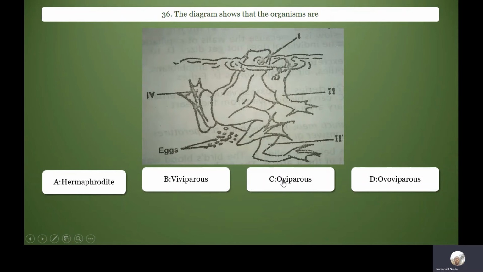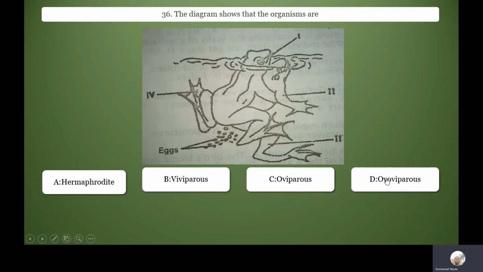That's oviparous. Okay. If the animal does not lay egg, the young one develops inside the uterus and gets nutrients directly from the mother. You say the animal is viviparous.